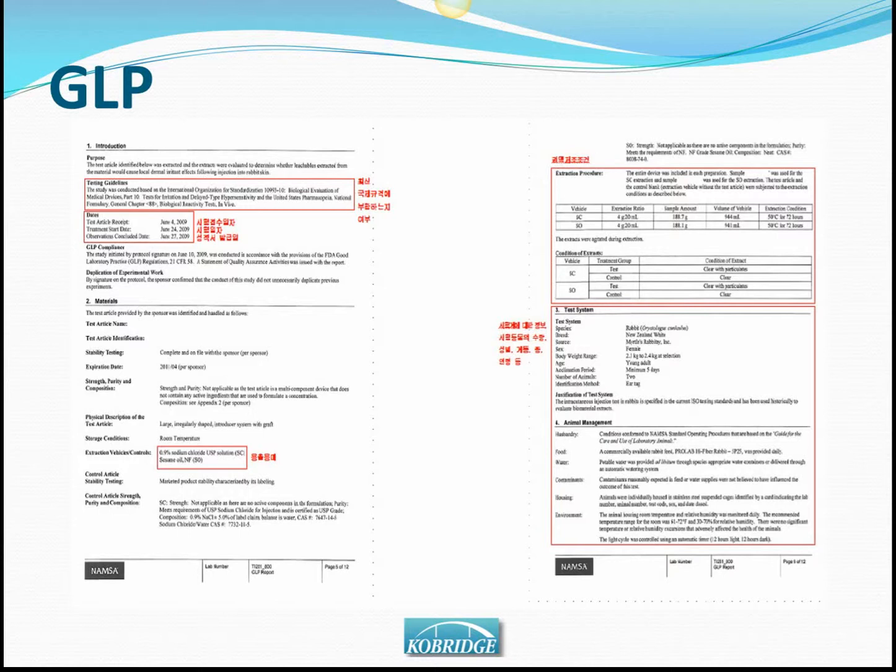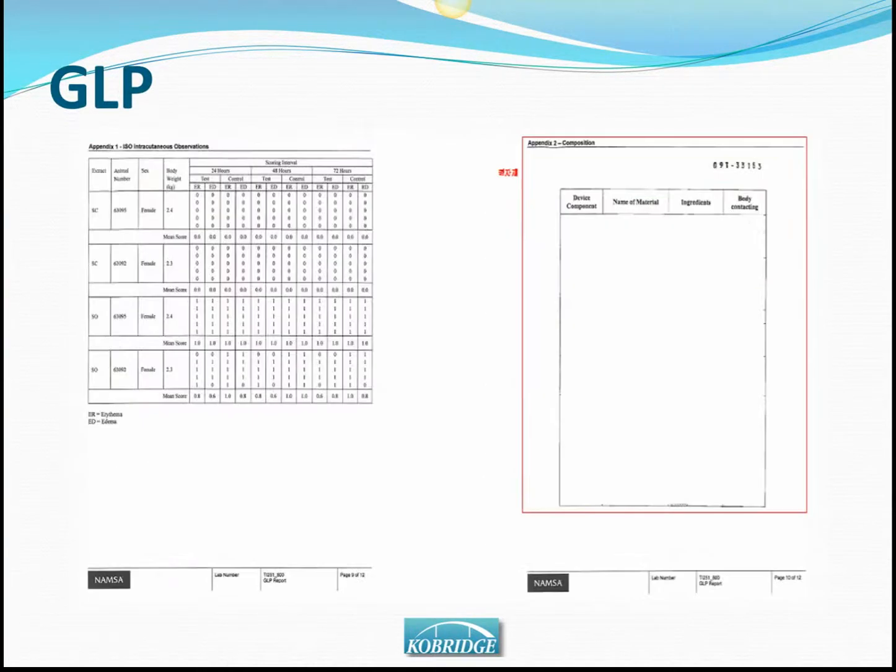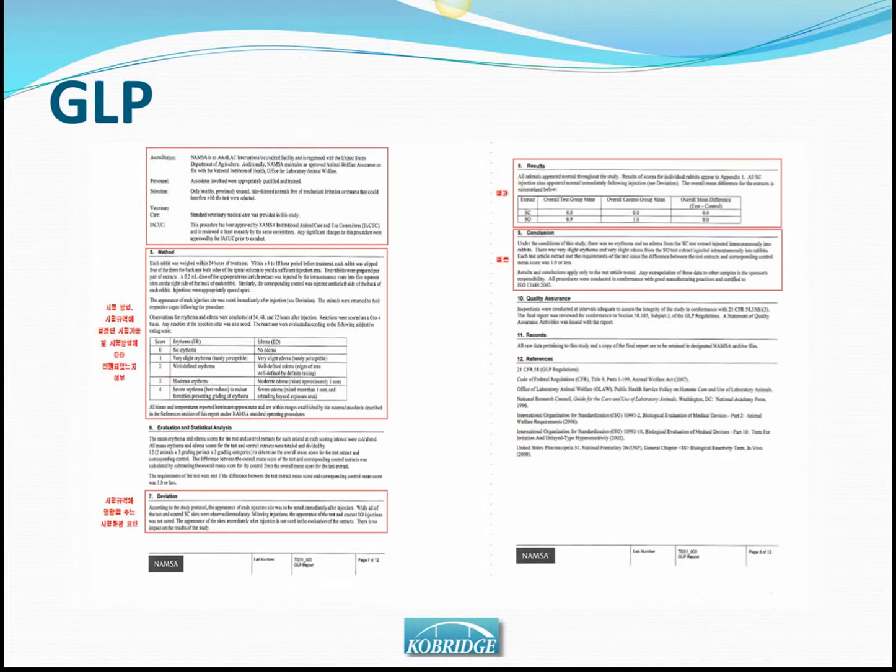The samples used and the vehicle should be also clear, and in the previous section, the method and any possible deviation, result and conclusion should appear on the report.